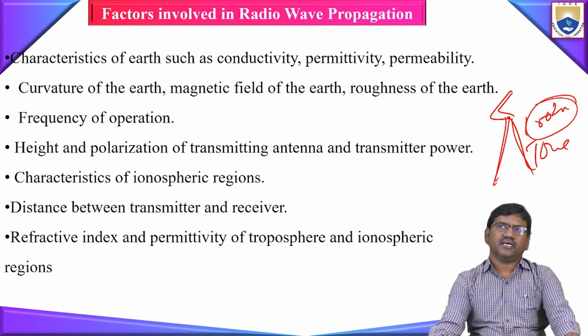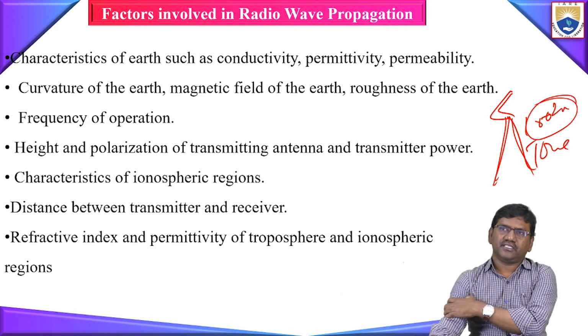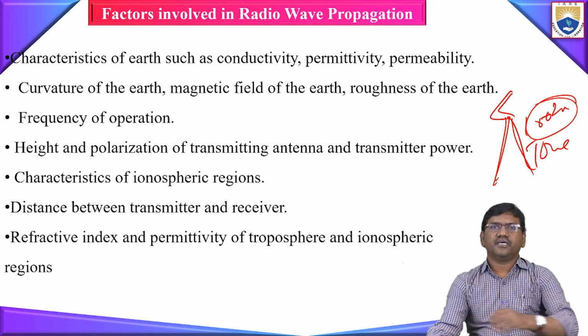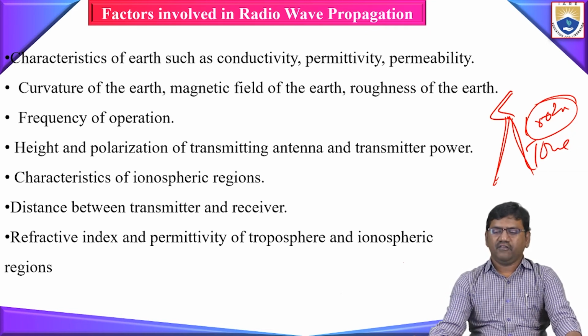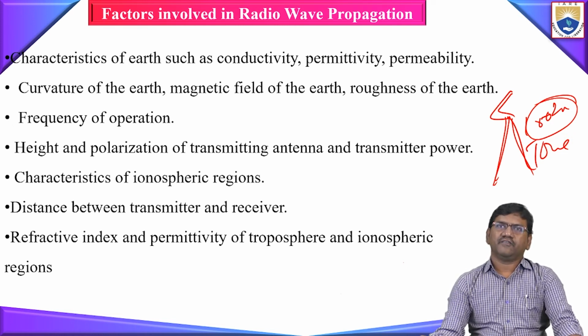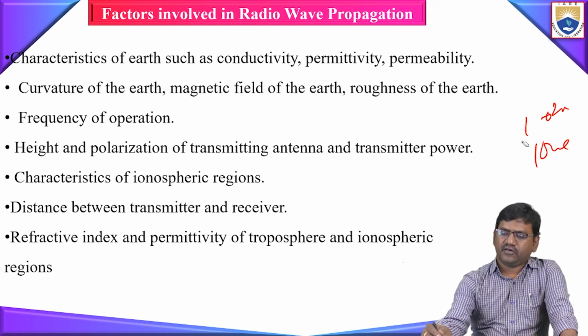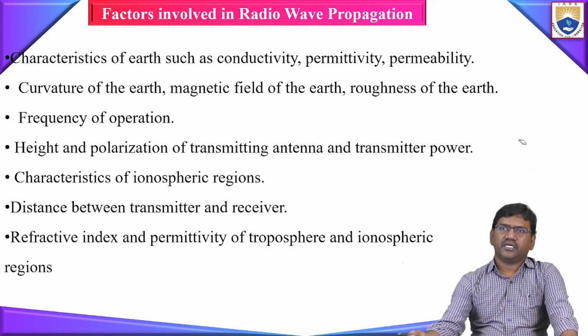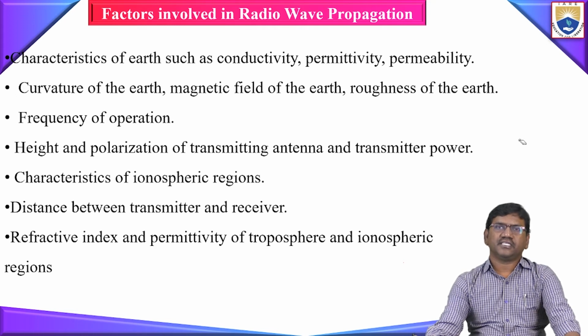When we place it on the surface of the earth, some amount of energy is absorbed by the ground. Hence the transmitting antenna is always placed at a height of around 100 to 200 meters. Moreover, vertical polarization is preferable to horizontal polarization in a transmitting antenna.